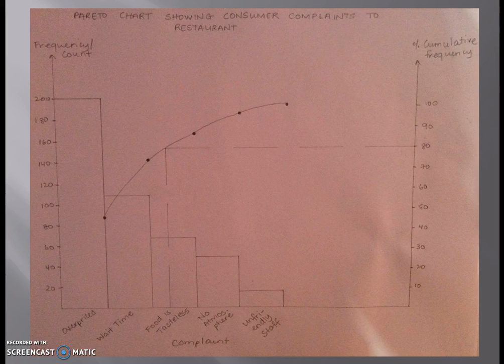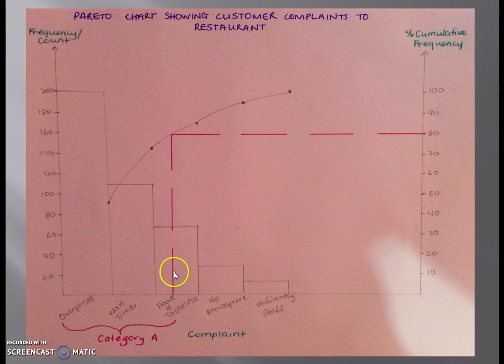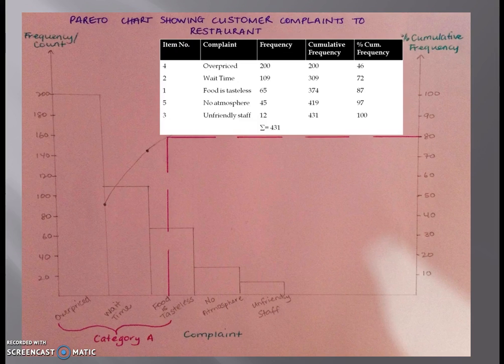Now we can draw a curve to connect the dots, and at the 80% cumulative frequency mark, which is here, draw a line across to the curve and down to the x-axis. Here we can identify category A, items to the left of that line.